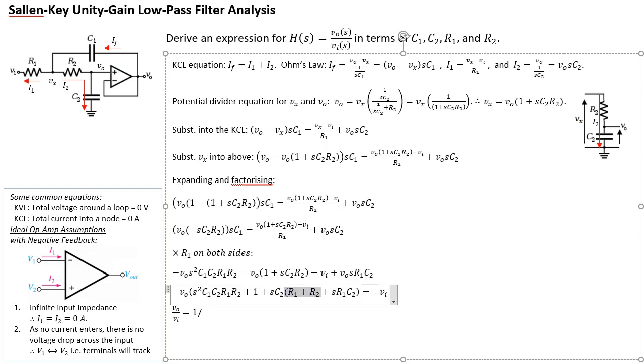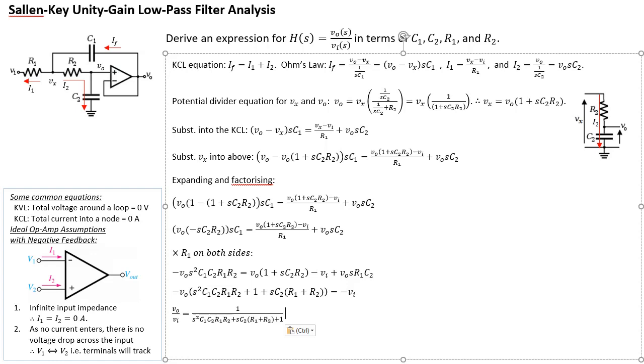So then this part is no more. Then I can rearrange it in terms of first I put S squared, then I put S, and then finally I put that 1. So 1 divided by that term. Okay, so now that's my equation so far in terms of all the components.